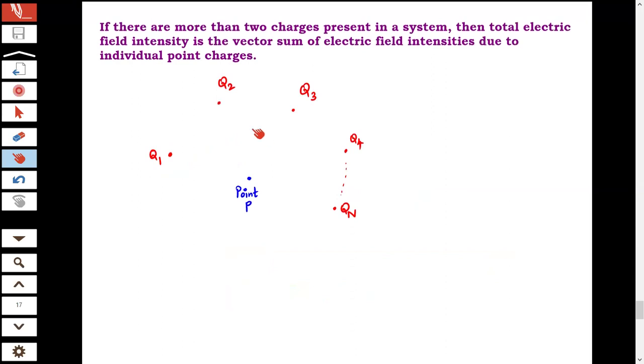Next scenario is where there are more than two charges present in a region, and at the point P, if we find the electric field intensity, the electric field intensities produced by all these individual charges will contribute to the net electric field intensity at this point. Thereby, we can find the net electric field intensity at this point P as the vector sum of electric field intensities due to all these individual point charges.